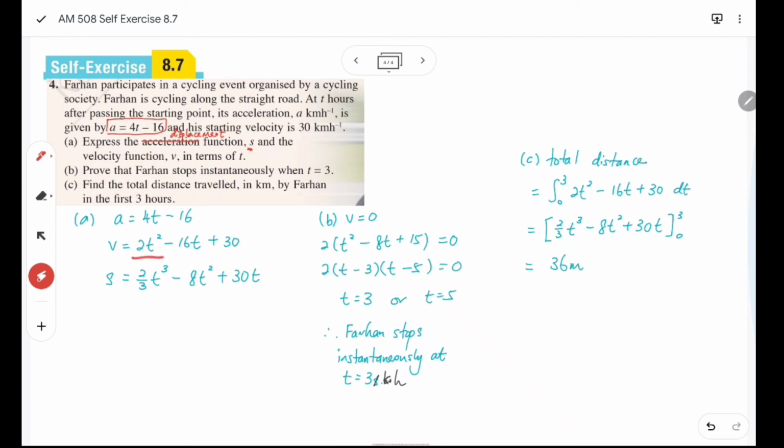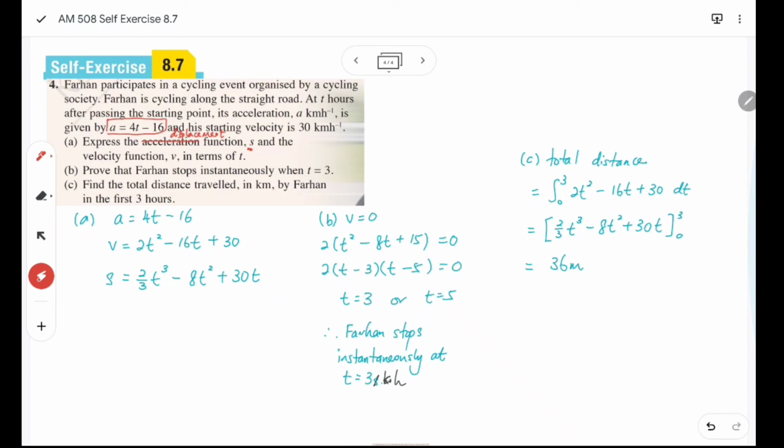By integrating 2t squared, we'll get 2 over 3 t cubed. Integrating negative 16t, we'll get negative 8t squared. And integrating positive 30, we get positive 30t. Plus C will be 0 because the particle is at the fixed point O when t equals to 0. So the S equals to 2 over 3 t cubed minus 8t squared plus 30t.